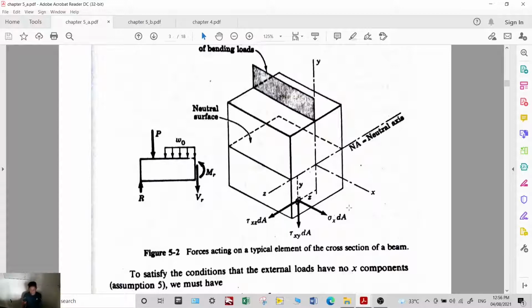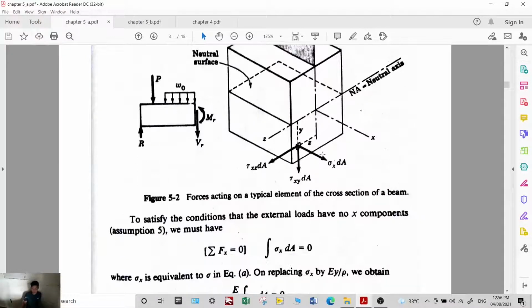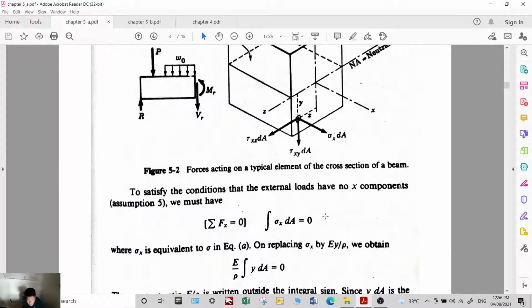Okay, so sigma x dA is equal to the integral, since we integrate to get the overall total force, because there are many small areas, so we sum them all up, equal to 0.